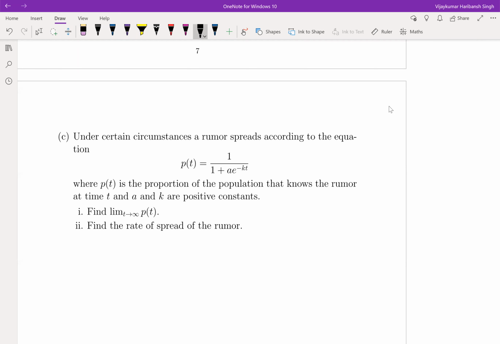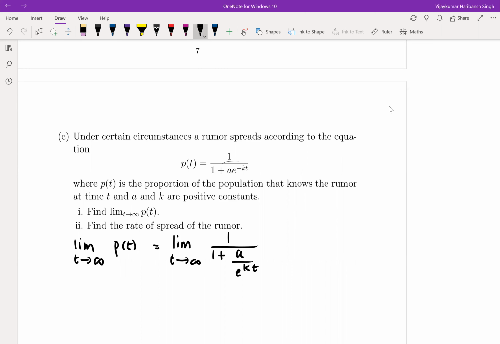So now what is the limit as t goes to infinity of P of t? So this is the limit as t goes to infinity of 1 upon 1 plus, now to understand this better, I can write it as a upon e to the power kt. Right.